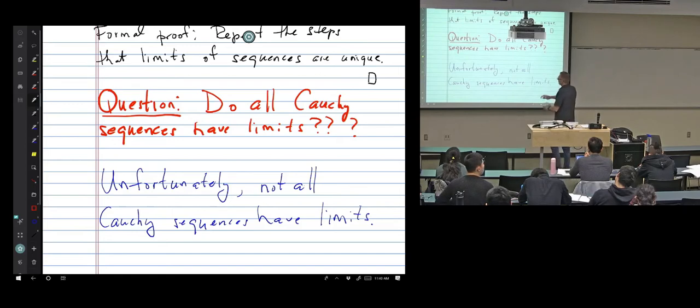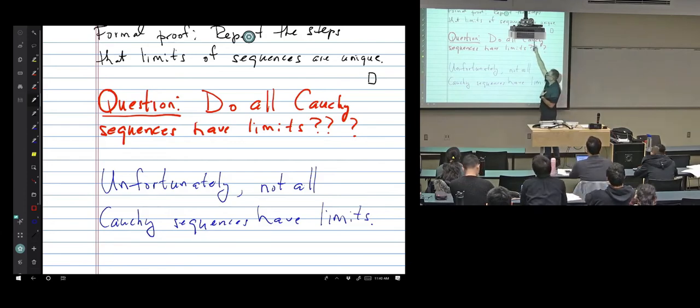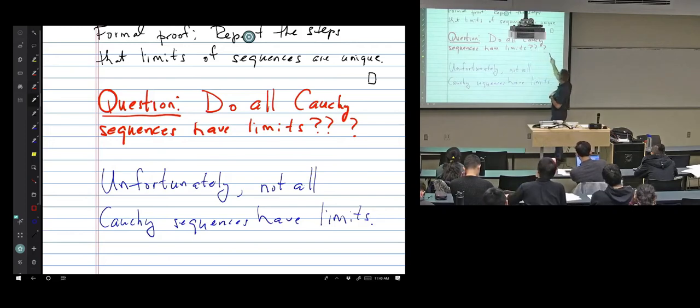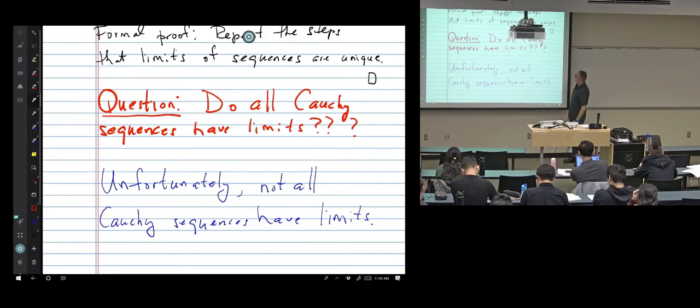You're not required to know anything about completion, so the thing for you to know on the final exam: do all Cauchy sequences have limits? And the answer is simple, no. If the space is complete, then by definition, all of the Cauchy sequences have limits.